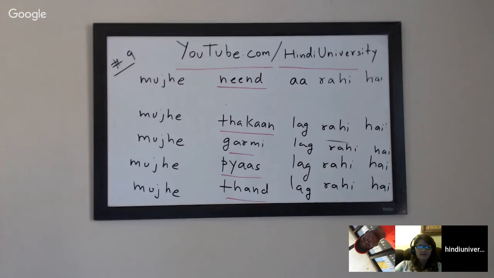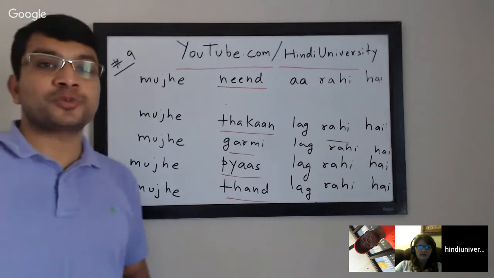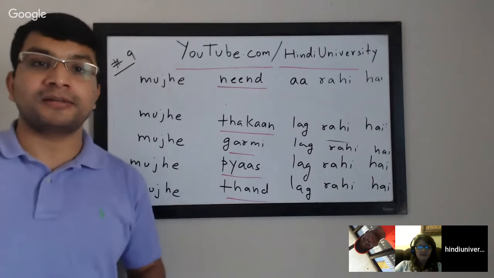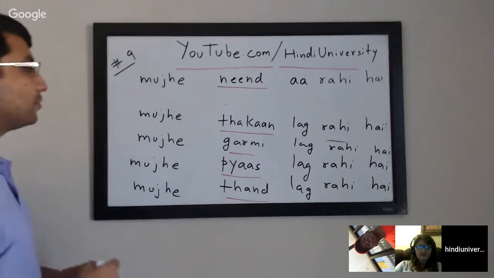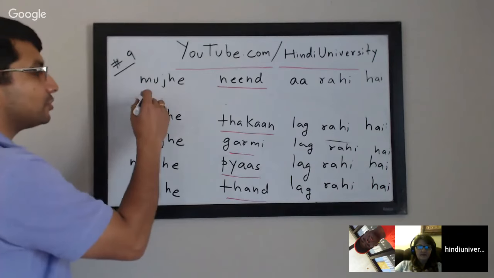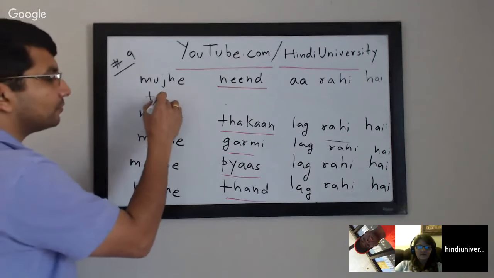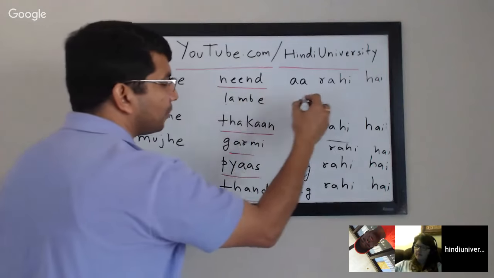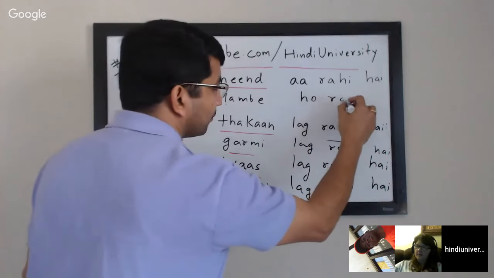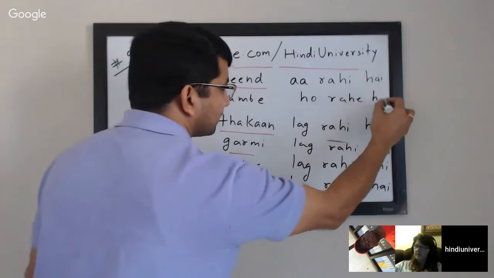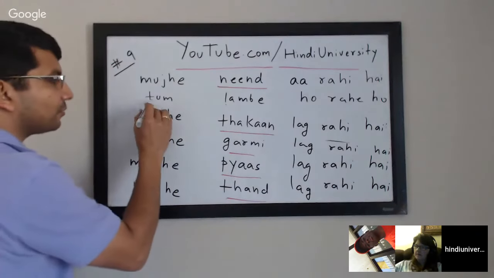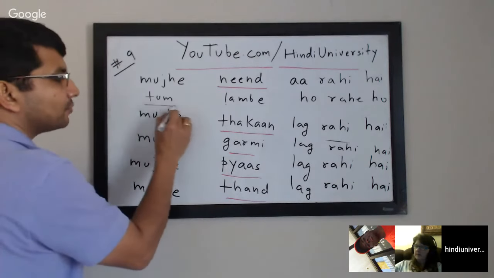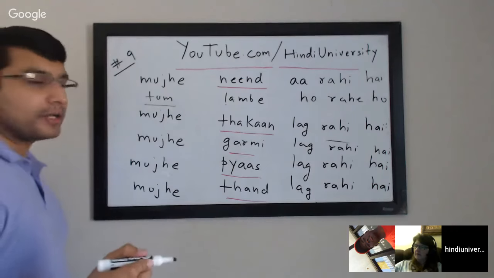Now let's go back to the sentence that Liz just pointed out, that my son is getting taller, right? So you will say तुम लंबे हो रहे हो, and it's slightly different because you are getting tall, right?